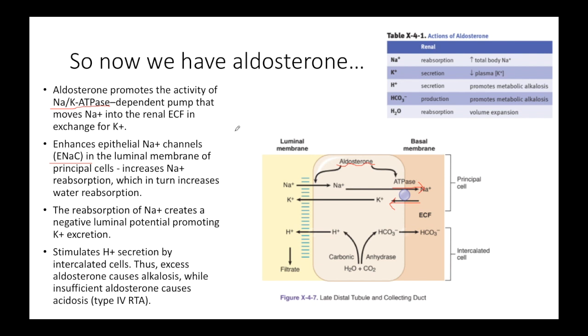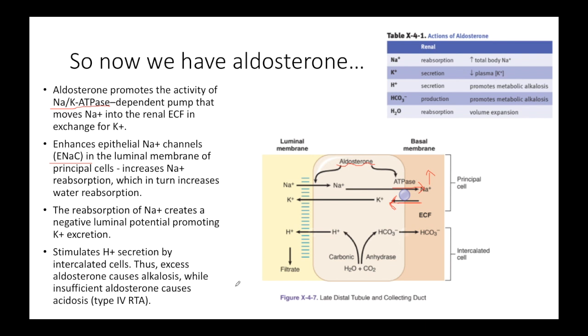And the resorption of sodium also creates a negative luminal potential over here. So the more sodium we have, the more potential we have for pushing potassium out. And there is also a stimulation of hydrogen secretion again through the intercalated cells.